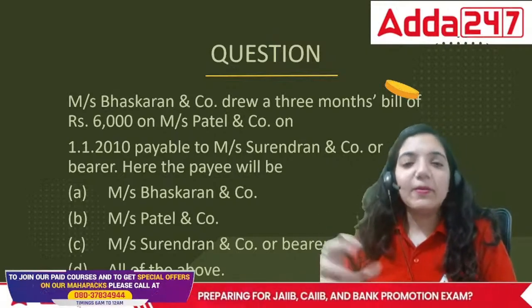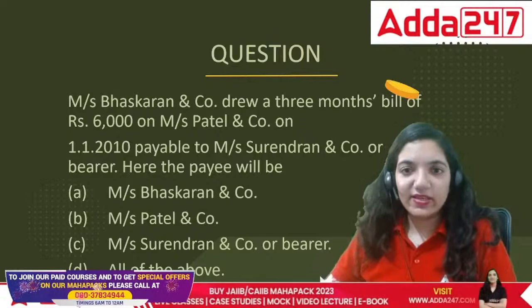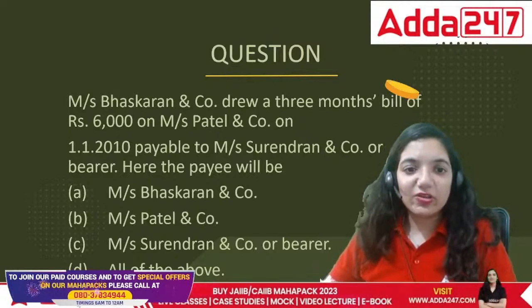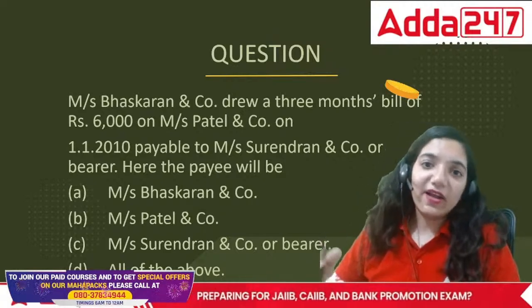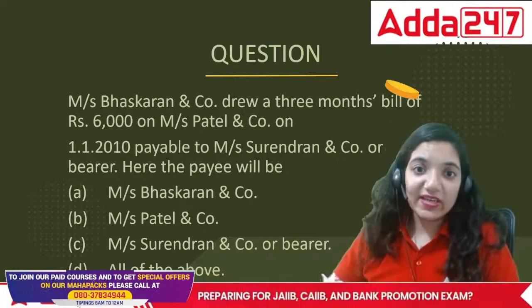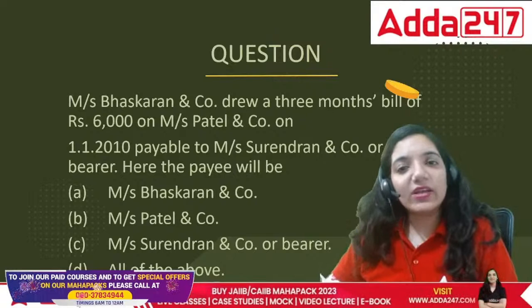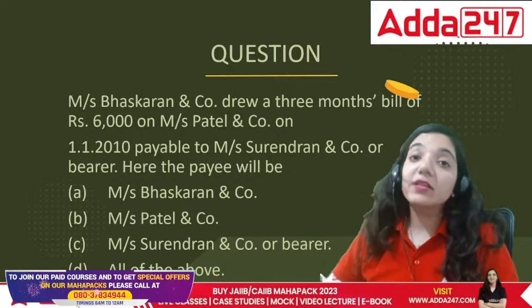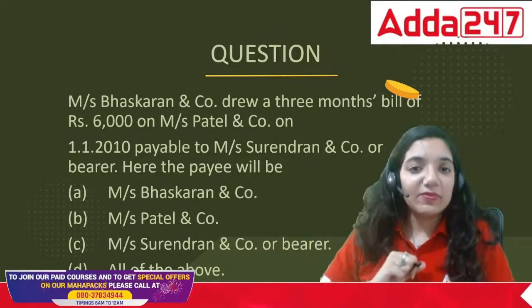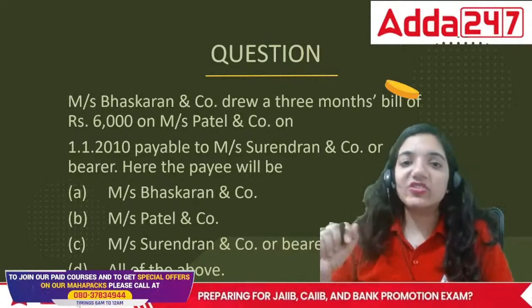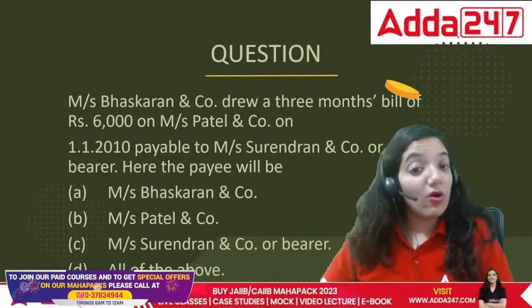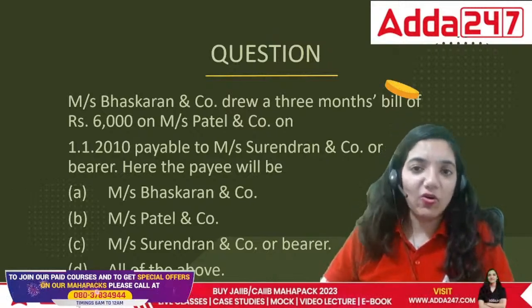They are basically partnership firms or individuals which are doing this. They are issuing that particular bill on 1/1/2010, payable to Messrs. Sundaran and Co. or the bearer. Who is the payee? Mr. Bhaskaran, Mr. Patel, Mr. Sundaran or the bearer, or the last answer, all of the above.